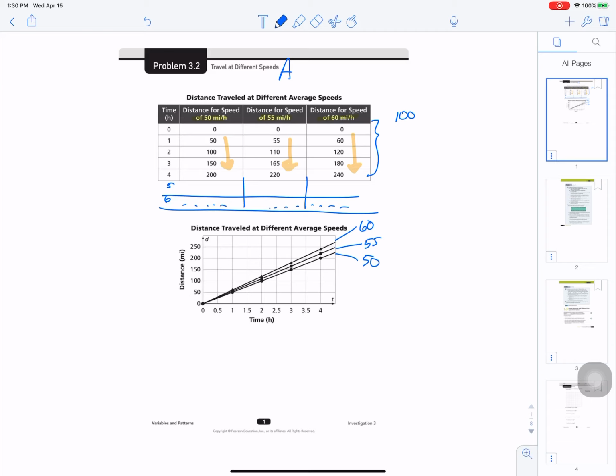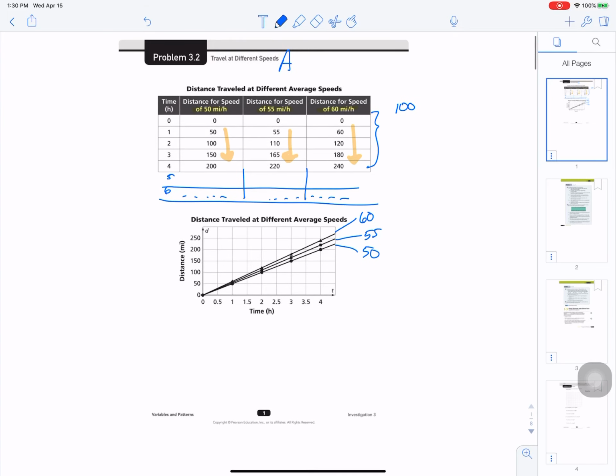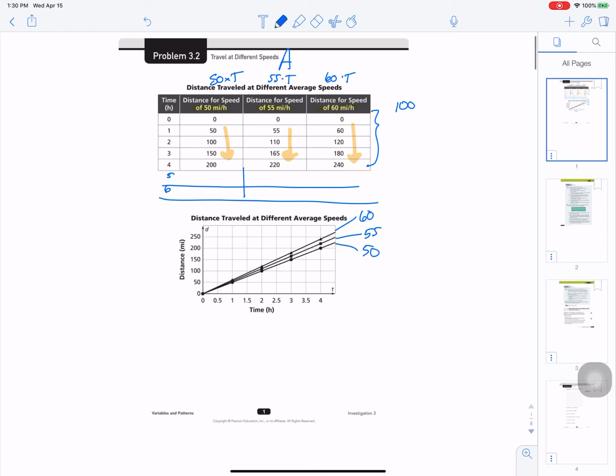Now, if we were thinking about the equation, for each of those it is 50 times time, or 55 times time, or 60 times time. And so we could take 6 times 50 and get 300 here. I make these extra marks for some reason. I don't know why. You could do 50 times 6 here.